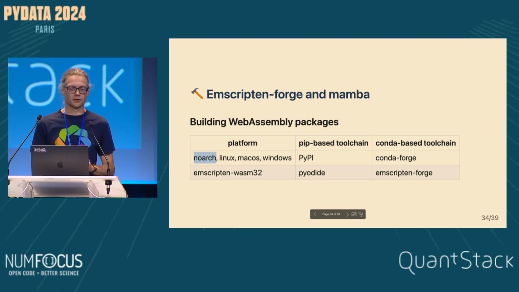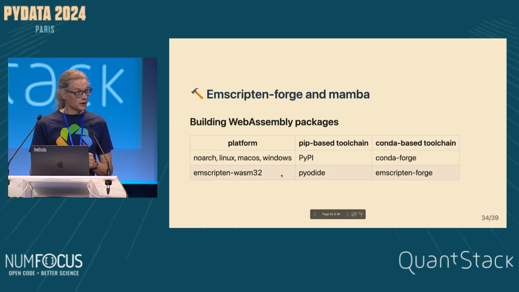All you've got to do is get those Python files to your end users. It doesn't matter what platform they're on, it works in the same way. If it's compiled, so C, C++, Fortran, Rust, then you have to compile them for the different platforms. So Linux, macOS, and Windows are supported on PyPI and conda-forge.